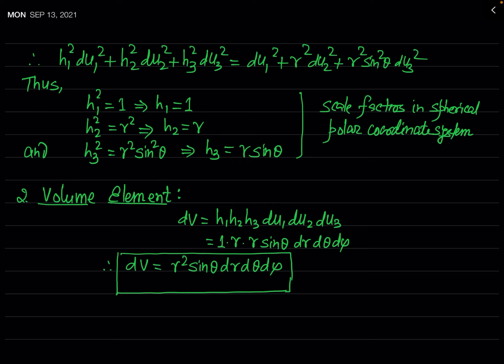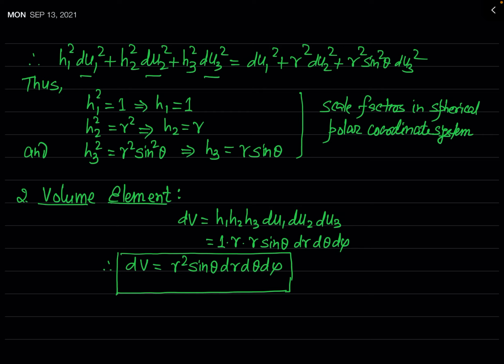And if du1, du2, du3 are independent from one another, then this identity will hold only when the coefficients of du1 square, du2 square and du3 square in both LHS and RHS are the same. So definitely we must equate the coefficients of du1 square, du2 square and du3 square in LHS and RHS.